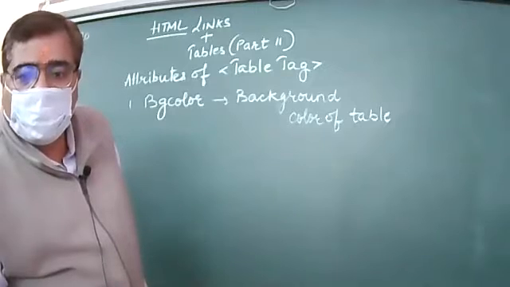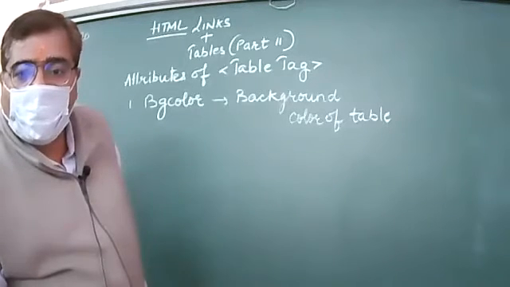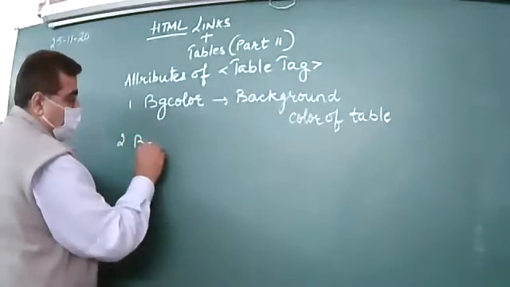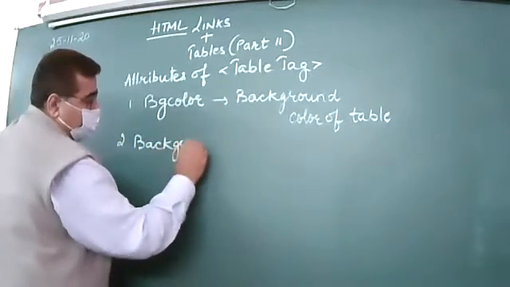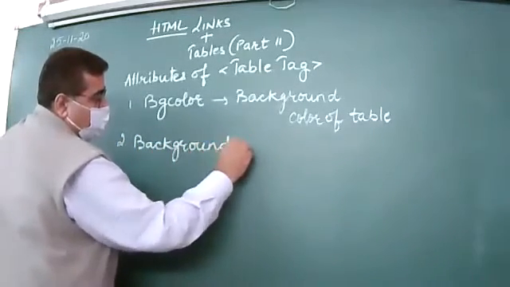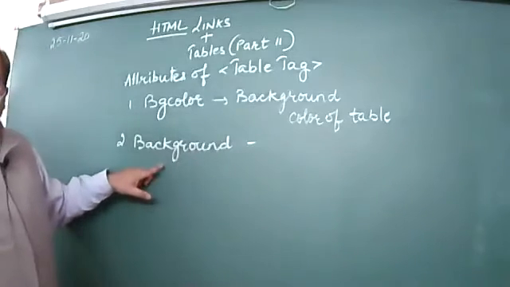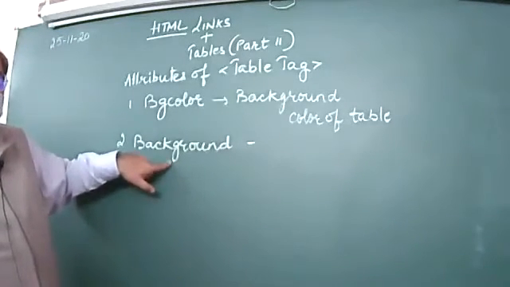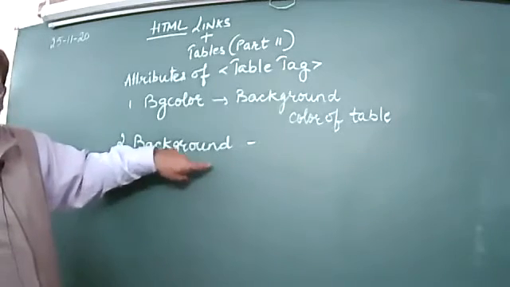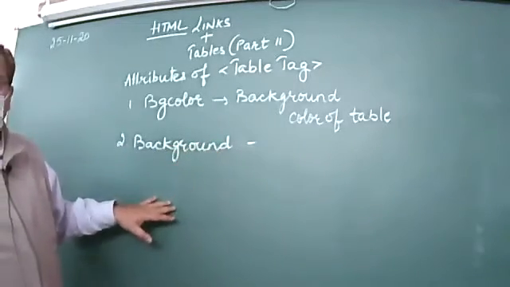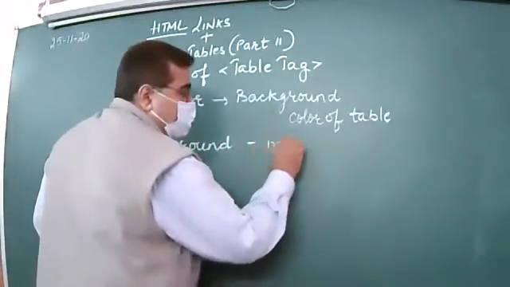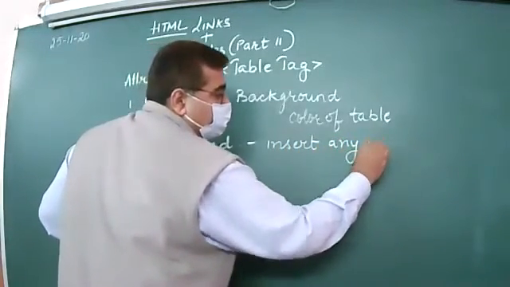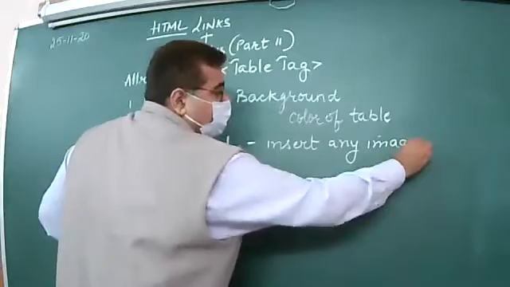The next attribute is the background attribute. The background attribute of table tag is used to insert any image in the background of the table.